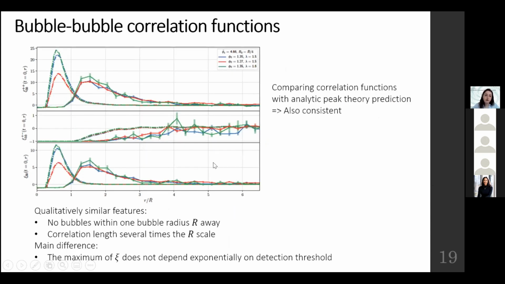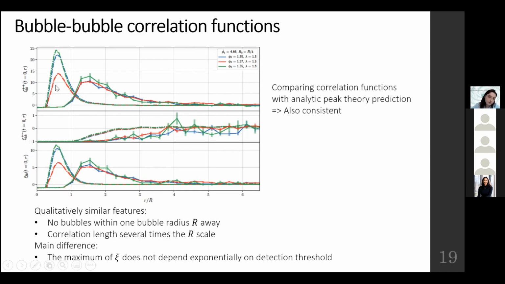So back to our peak estimator, we obtained the prediction for the estimator on an equivalent realization without the false vacuum potential, and this is what the dashed-dotted curves here show, whereas the solid curves with the error bars are from the bubble correlation function, and the colors correspond to the same detection threshold. And we see that qualitatively they have the same features.